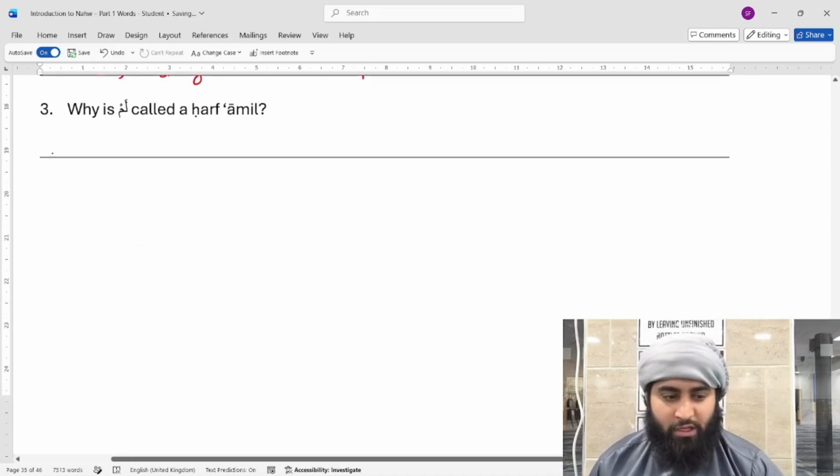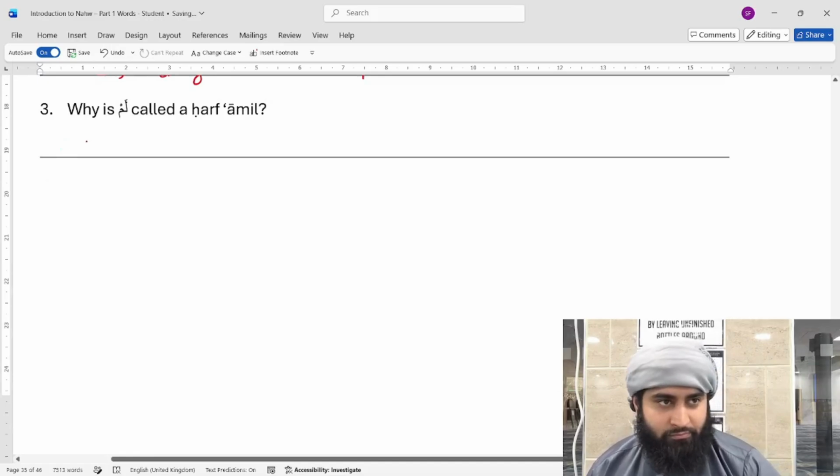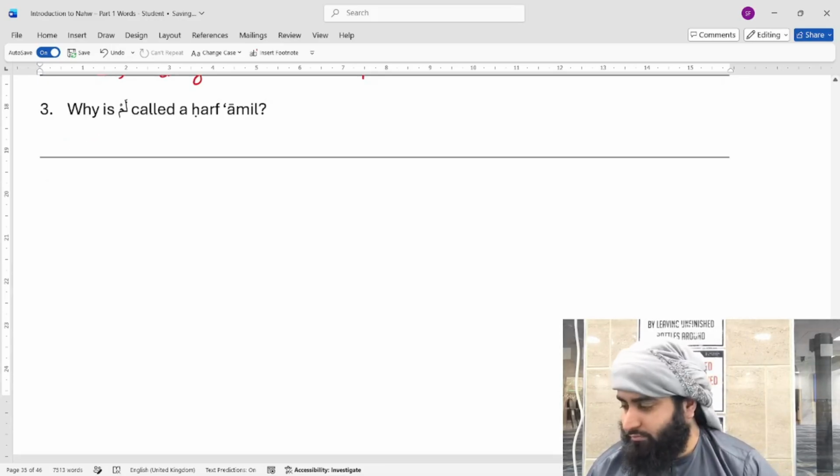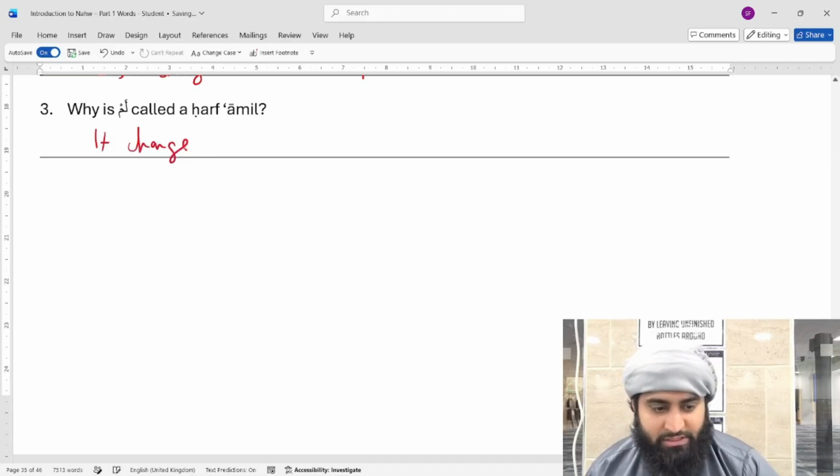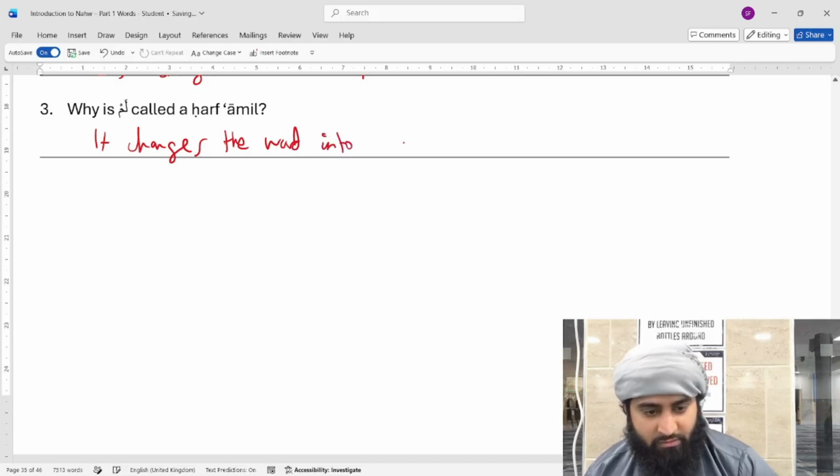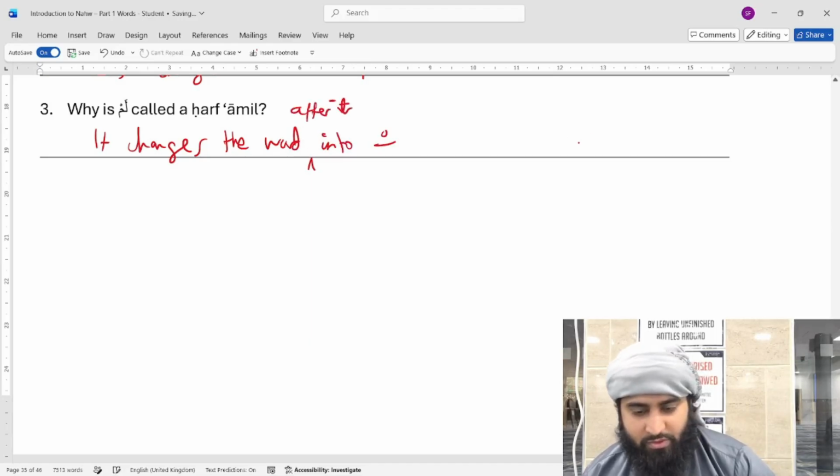Why is lam called harf عامل? How does it change it? Well done. It changes the word after it into majzoom, yeah? Lam yadri.